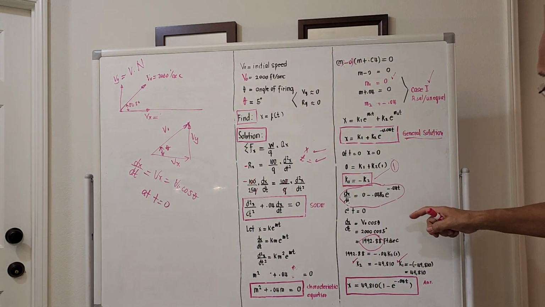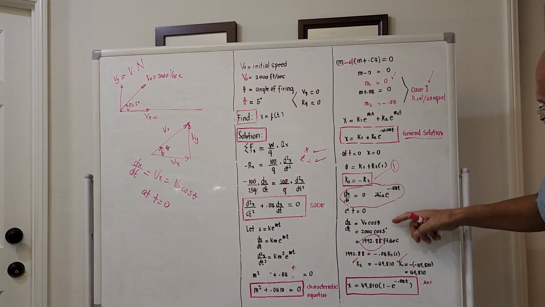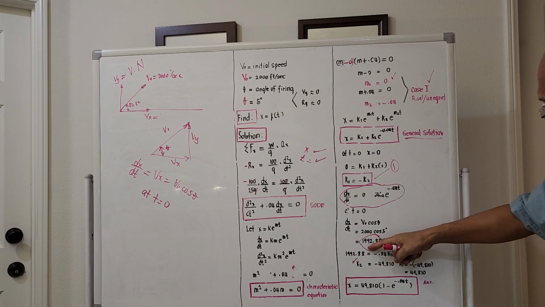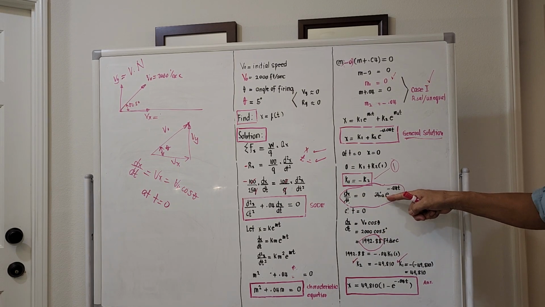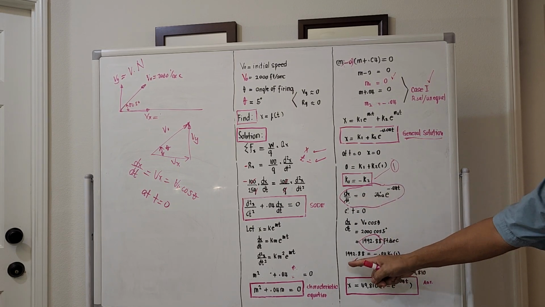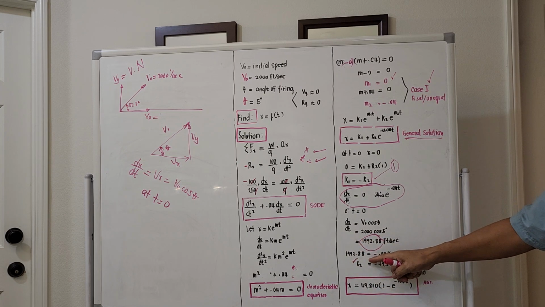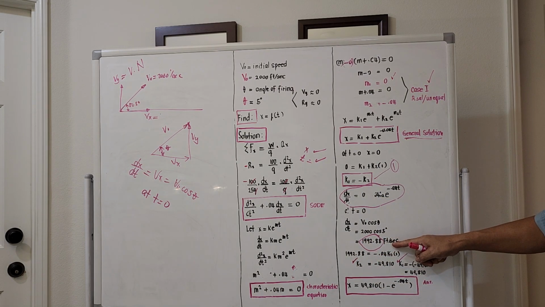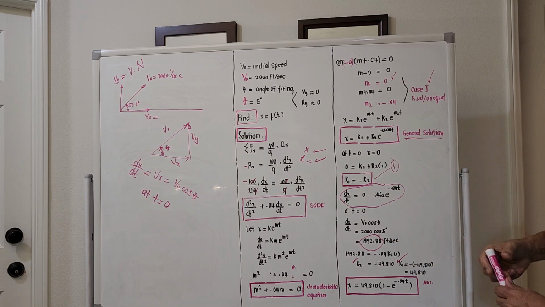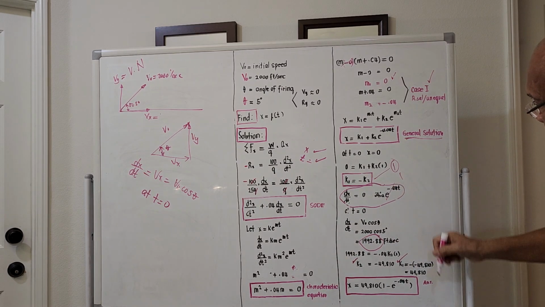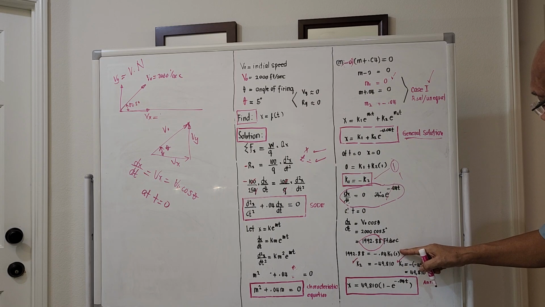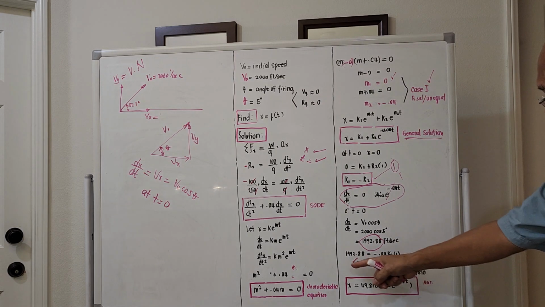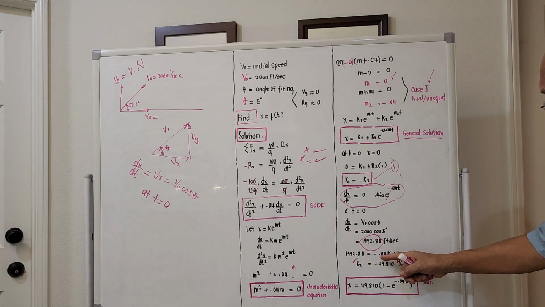So if we now know that at time t equal to 0, dx/dt will be 1992.88 feet per second, we will use this equation here. 1992.88 should be equal to negative 0.04 times k2. At time t equals 0, the exponential will be 1, right? So this is times 1. And we can now compute for k2. k2 will be 1992.88 over negative 0.04.